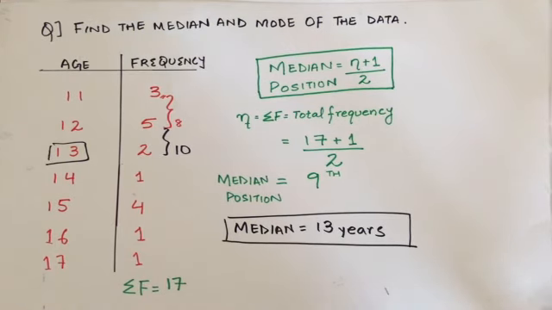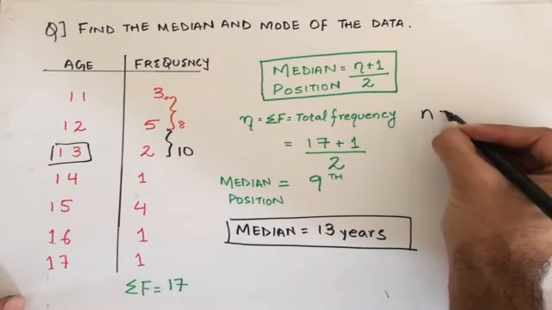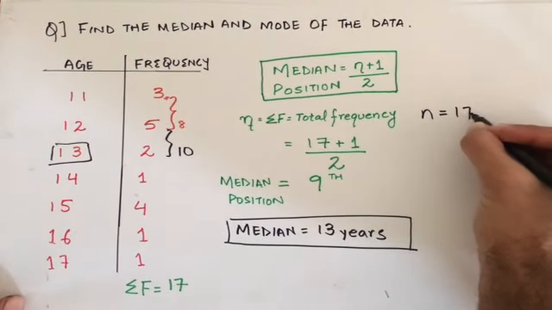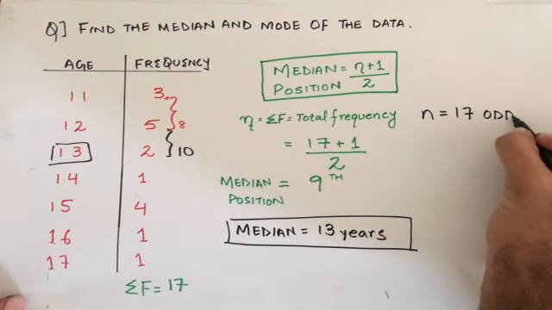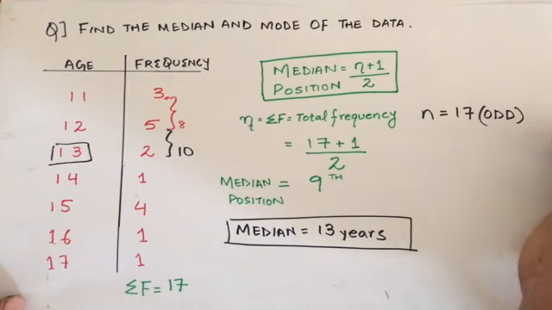Now one thing you need to keep in mind is that in this question n here is 17, which is an odd frequency.